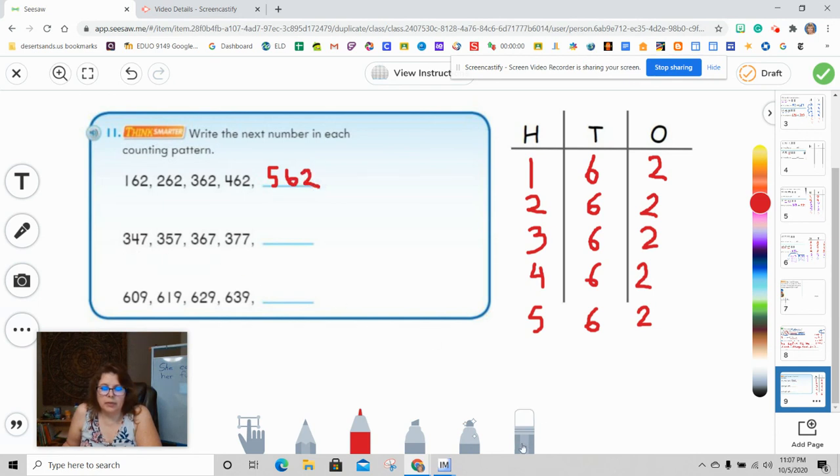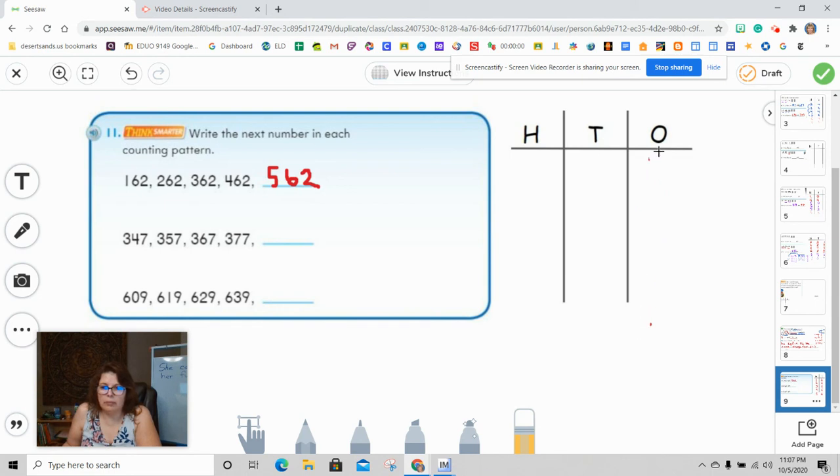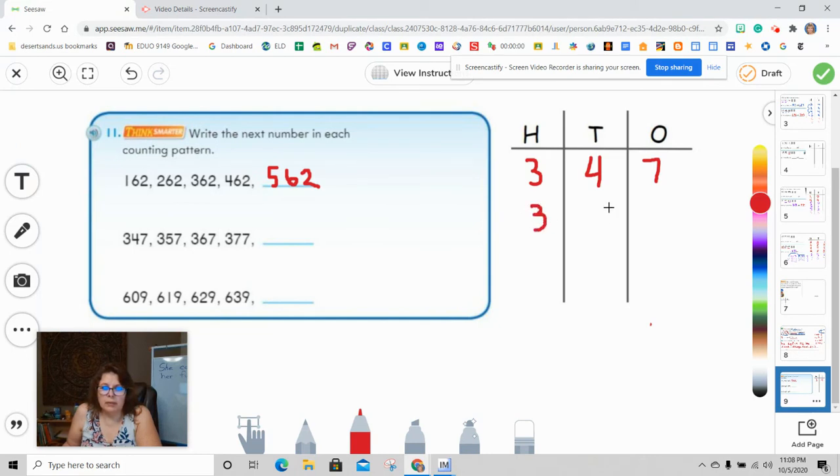Same thing would be for this. I erase the whole thing and I follow the pattern. And it will tell me 347, 357, 367, 377.